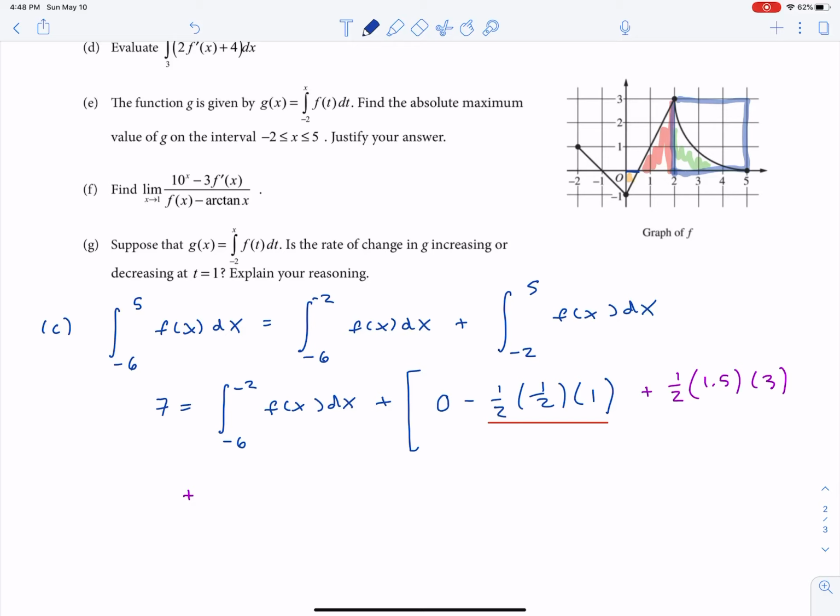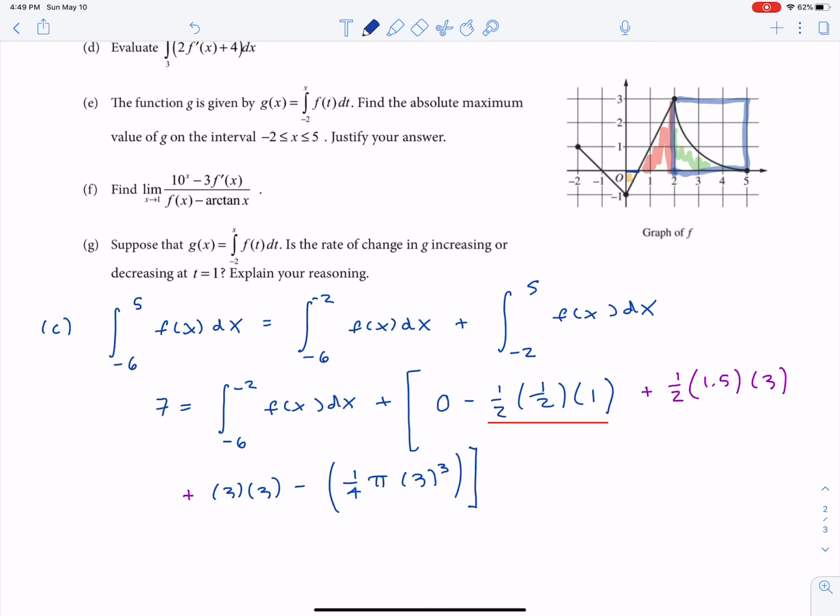The area of the square, it is a square, so it is 3 by 3, minus the area of that quarter circle, which is 1/4 pi r squared, r being 3, so 3 squared. These are parentheses like that.